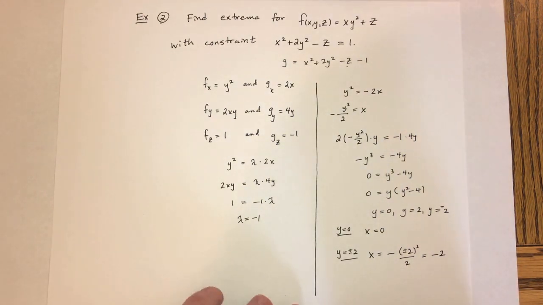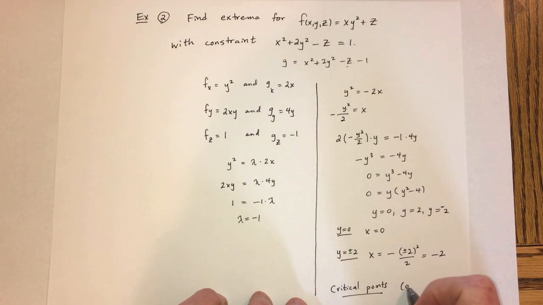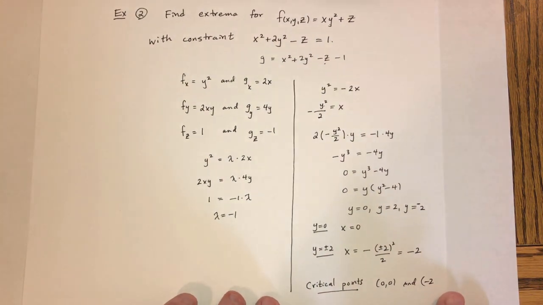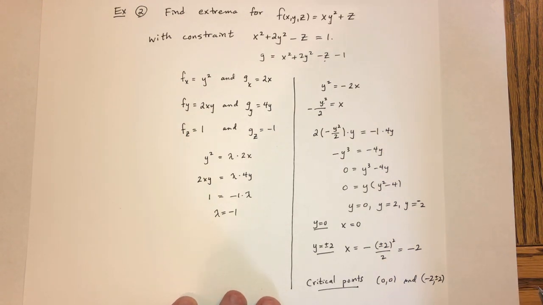Okay, so we got when x equals 0 and y equals 0, and then when x equals a negative 2, and y is equal to either a positive or negative 2. Now we need to find out about z.